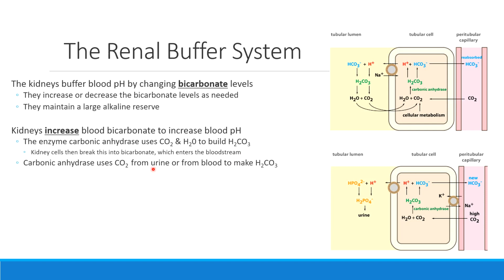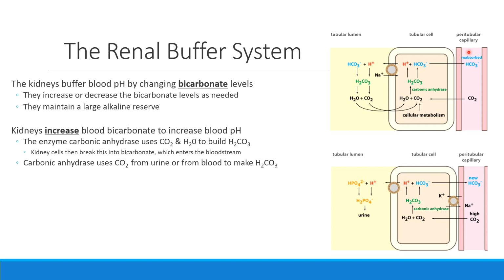Now, an interesting thing about carbonic anhydrase is there are two places it can get that carbon dioxide from. Sometimes carbonic anhydrase is going to get that carbon dioxide from urine. So urine had some carbonic acid in it, it broke down, we reabsorbed that carbon dioxide and used it to remake carbonic acid. If that's where our carbon dioxide comes from, we're essentially just reabsorbing or recycling a bicarbonate that we had before.